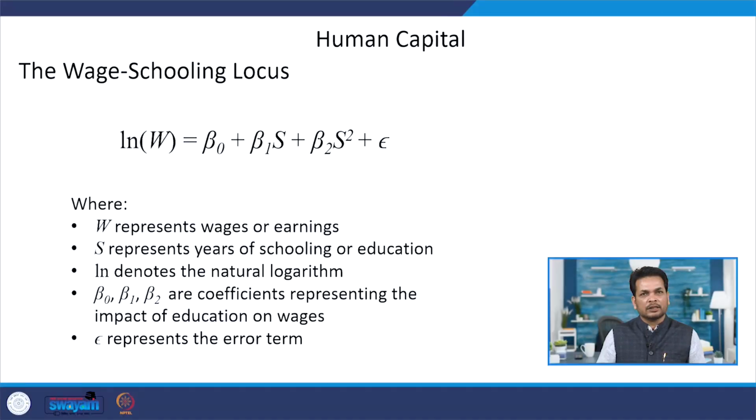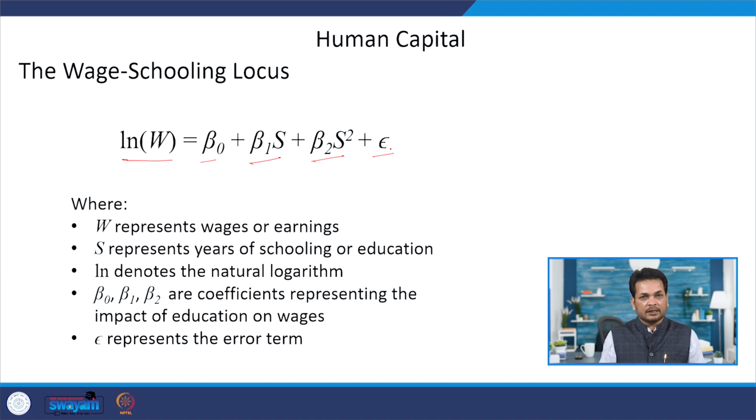So, when we talk about this Wage-Schooling Locus and Mincer's equation, it can be explained as wage being a function of number of years of schooling. You can see here in this equation, it is a quadratic equation. It is written as log W, the wage, equals beta 0 plus beta 1 S plus beta 2 S square plus epsilon.